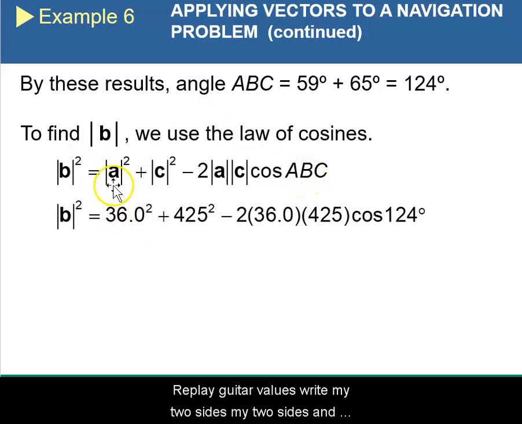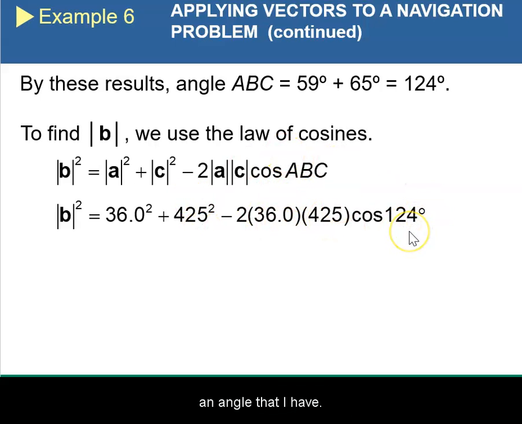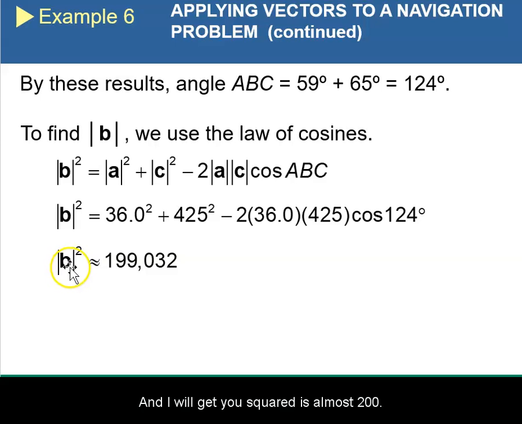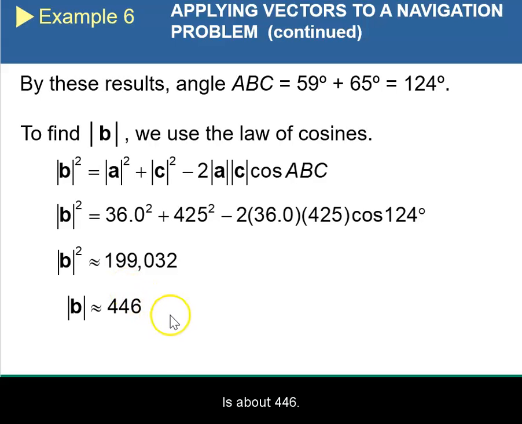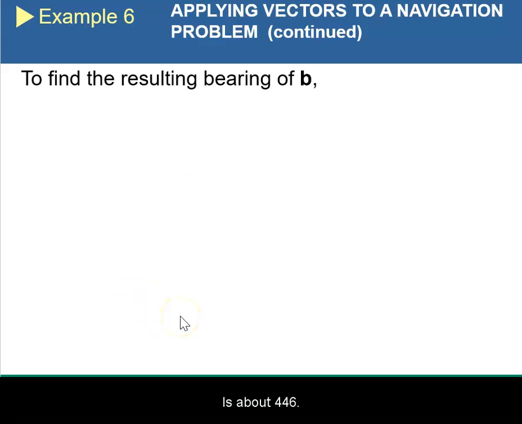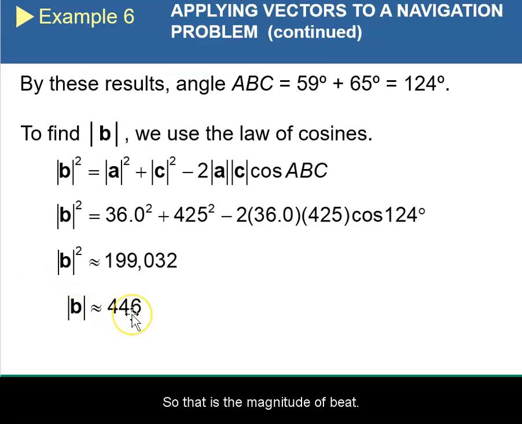We plug in our values, my two sides and the angle that I have, and I get B squared is almost 200,000, and so we take the square root, which is about 446. So that is the magnitude of B.